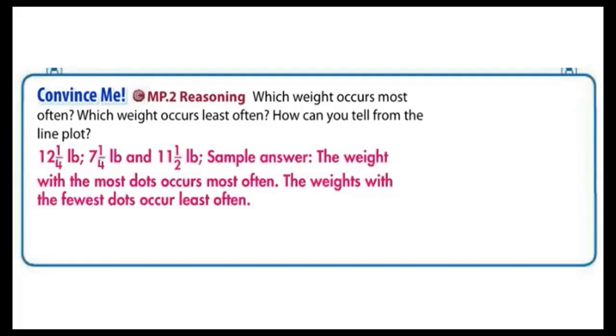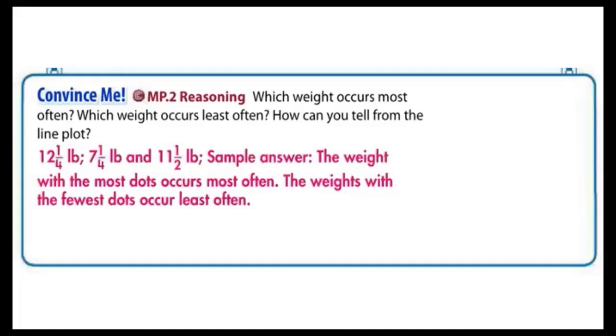The weight with the fewest dots occurs the least often. So it's easy: by seeing the values that have the greatest amount of dots, it is the most often. And which one has the least amount, it is least often.